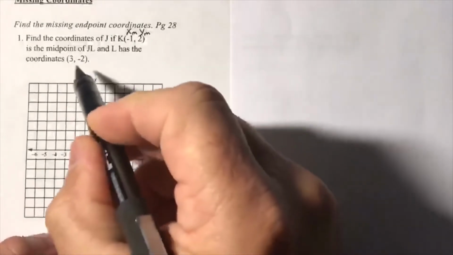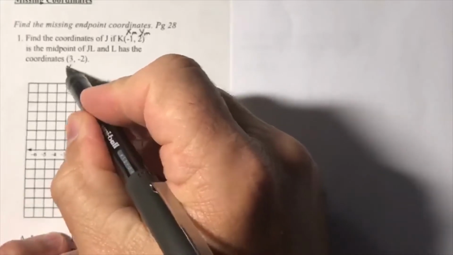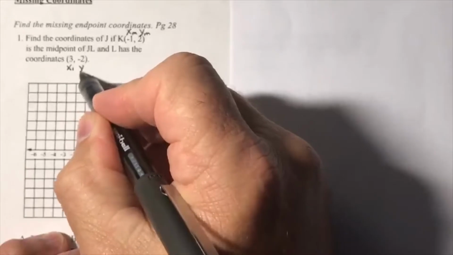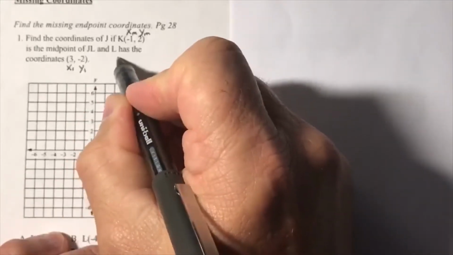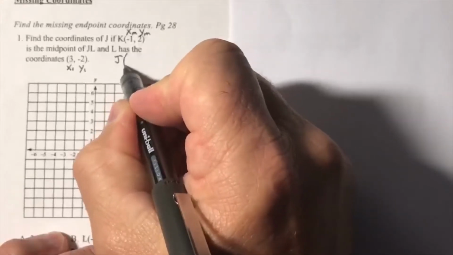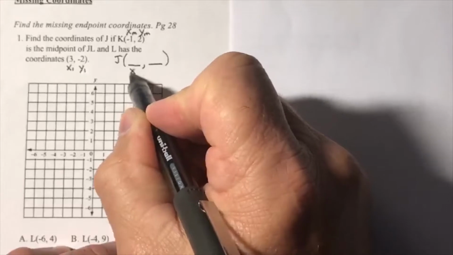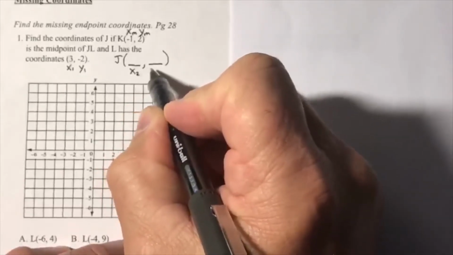And go ahead and label this one here, L, as the X1, Y1. Alright, so J we do not know; visually we see that this is my other endpoint, which will be my X2, Y2.